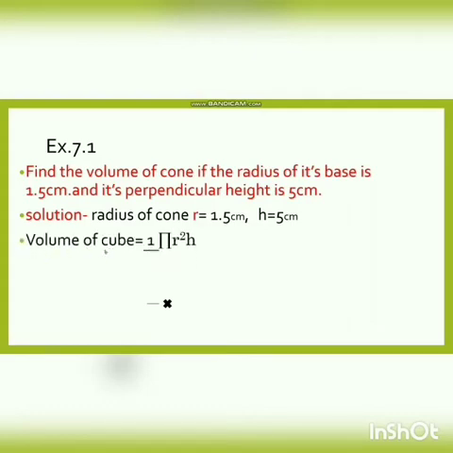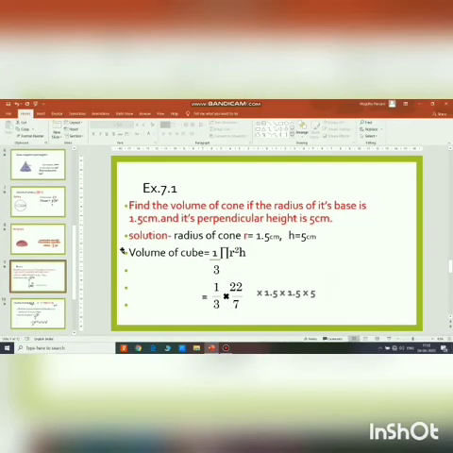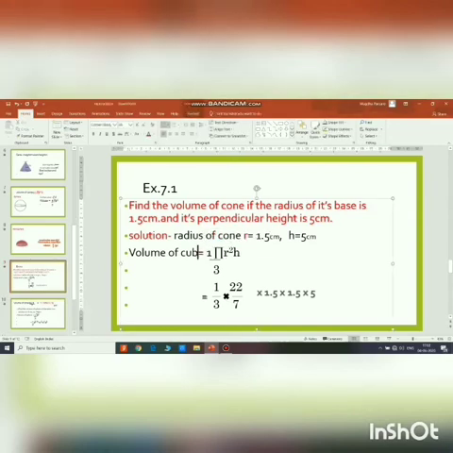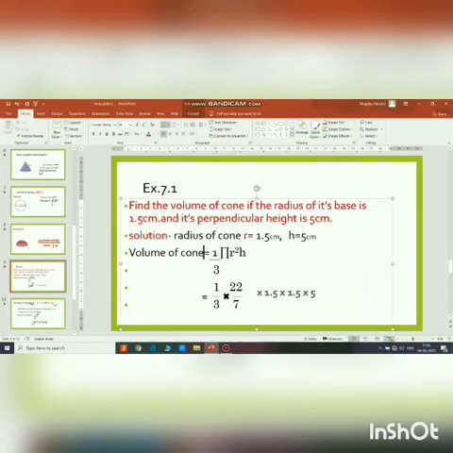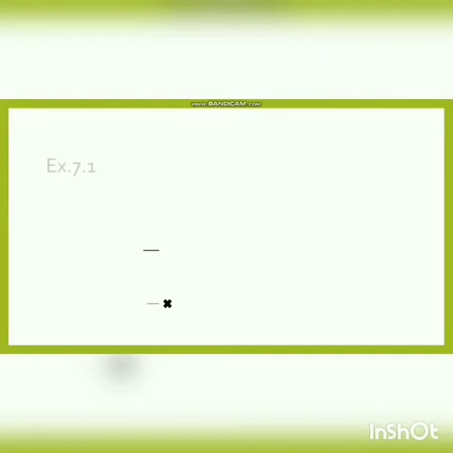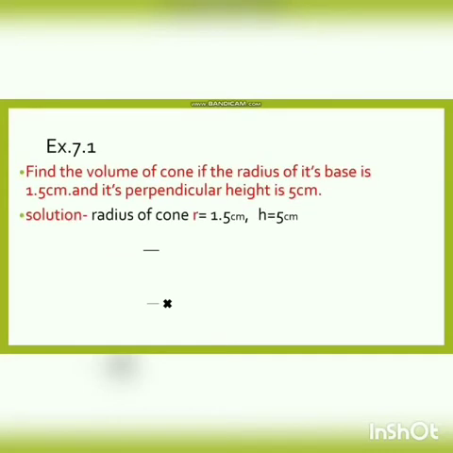Volume of cone is equal to 1/3 pi r square h.